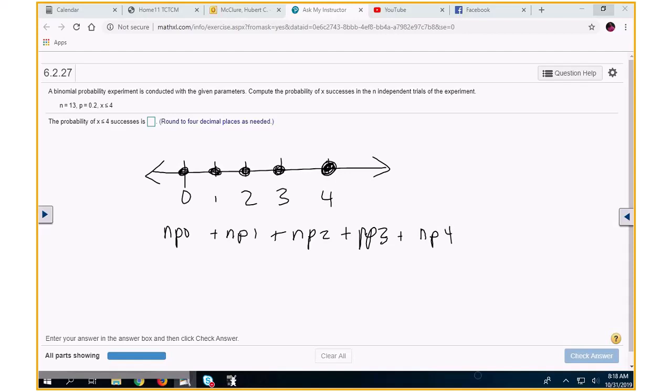Now your calculator will do this for you. And you go to Binomial, the first one, PDF. So let's pull up our handy dandy calculator, and I'm going to show you how to do this the easy way.